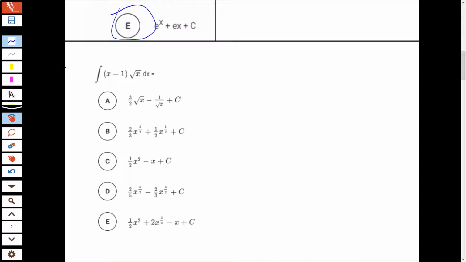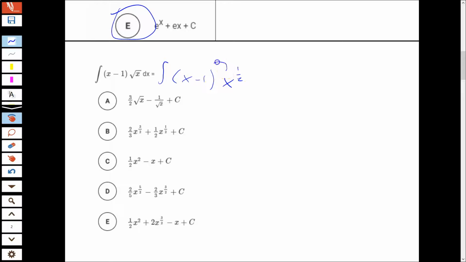Moving right along here. Here's where we get a little bit more challenging. There's a couple different ways that we could tackle this, but the only way you know how to do it right now is by rewriting it. So what I mean by that, x minus 1, square root of x, and I'm going to change square root of x rather to x to the 1/2, and that's going to allow me to distribute this.